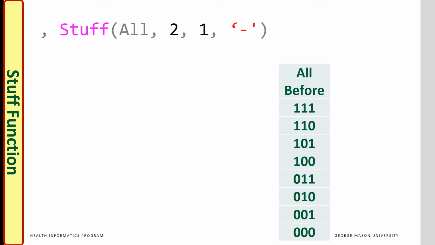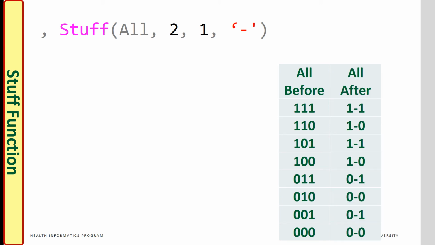The STUFF command tells us to replace this string starting at the second character, that's why we have the number 2 there, and at the length of 1, with a dash. So that's why the parameters are 2, 1, and dash. If you recall, the second character was about the patient being unable to eat. We have now eliminated this information from the variable called ALL. You can see that in the column, all the second characters have been replaced with a dash.